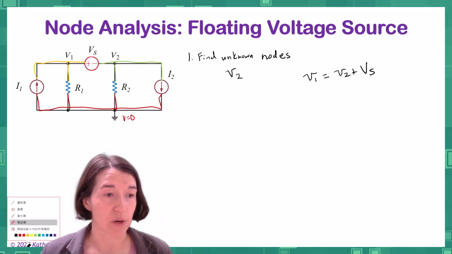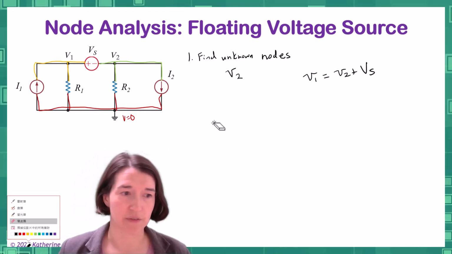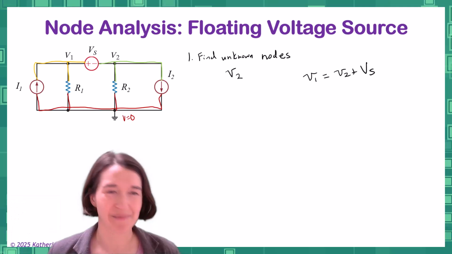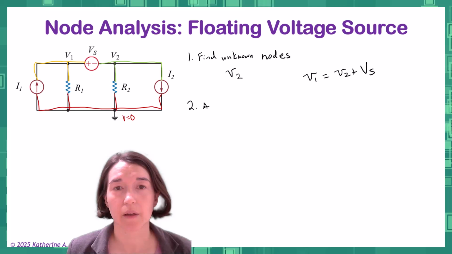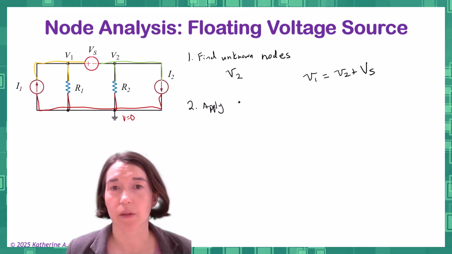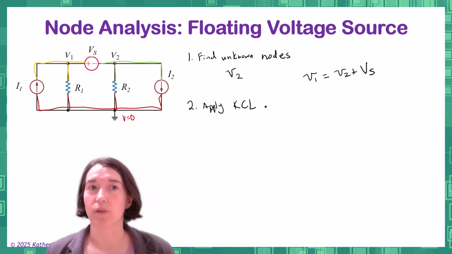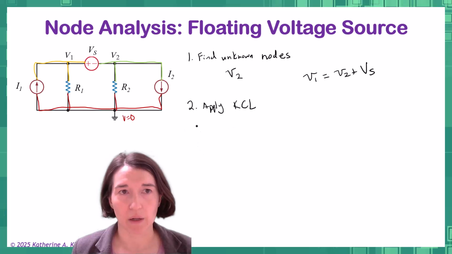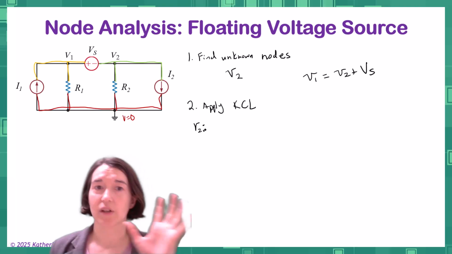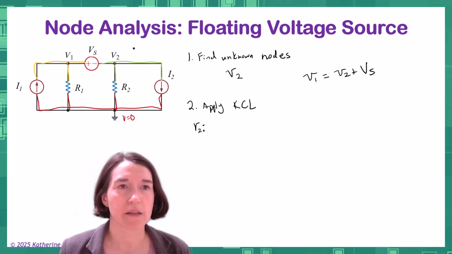Now we would try to apply our Kirchhoff's current law, KCL, at each node. So we would start with V2, and I just write V2 so I know which node I'm looking at.